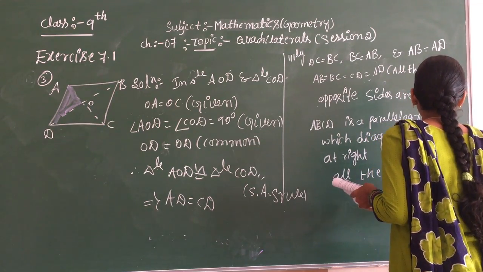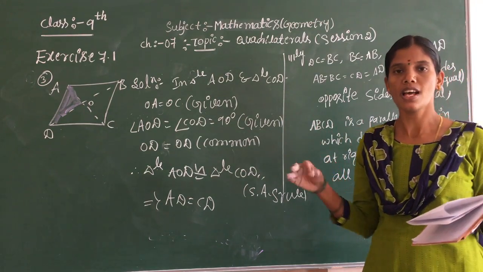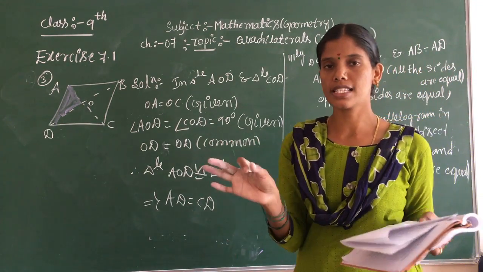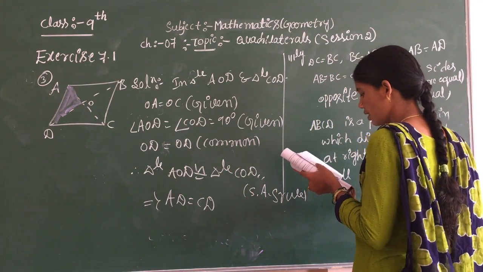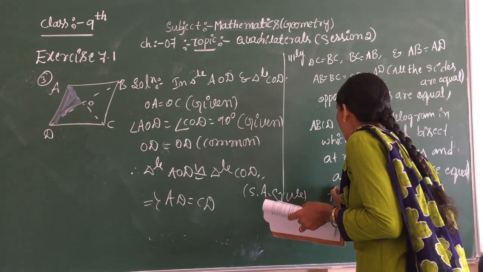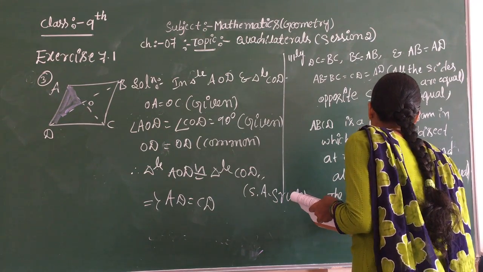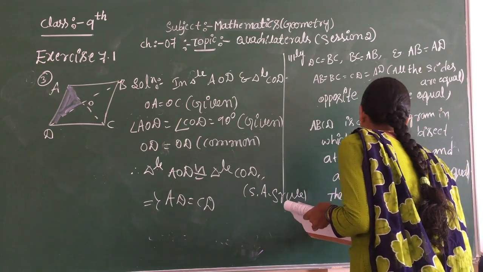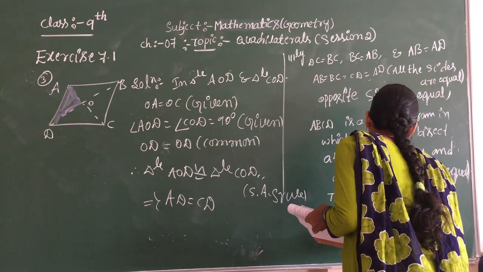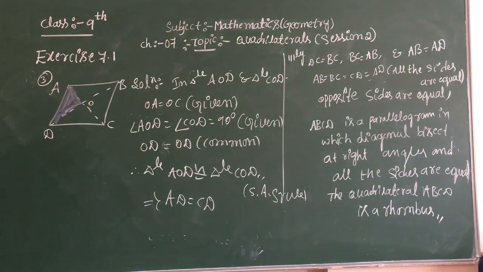In every right angle, if angle A is 90 degrees, then angle B is also 90 degrees, angle C also 90, angle D also 90 degrees. Now next, the quadrilateral ABCD is a rhombus. Okay children, have you got this? Now next we shall move on.